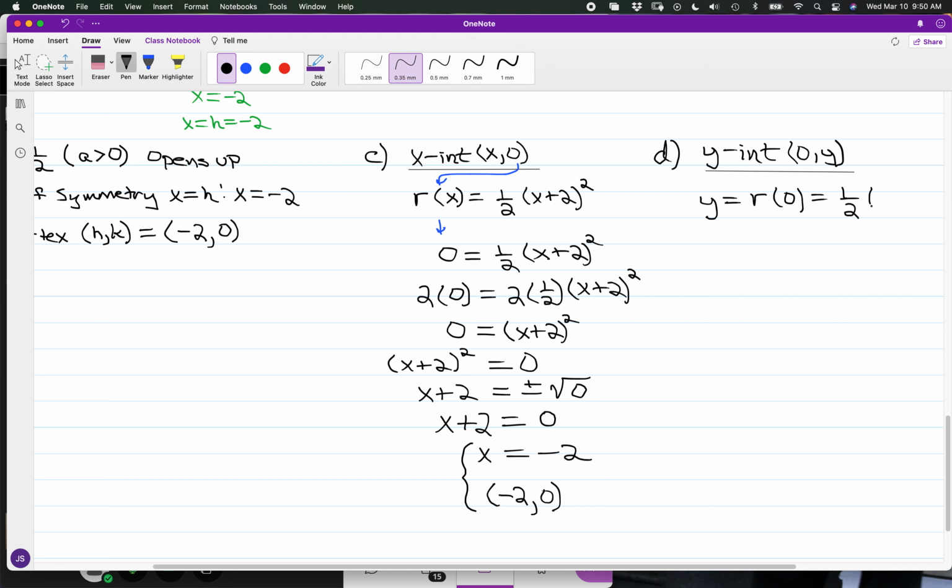And we have 1/2, and x plus 2 becomes 0 plus 2. This will be to the second. And 0 plus 2 is 2, and we're going to square this out. So 2 squared is 4. And so we have 1/2 of 4, and 1/2 of 4 comes out to 2.